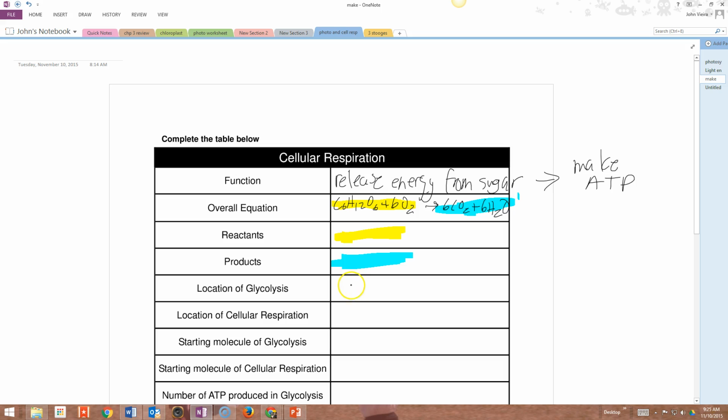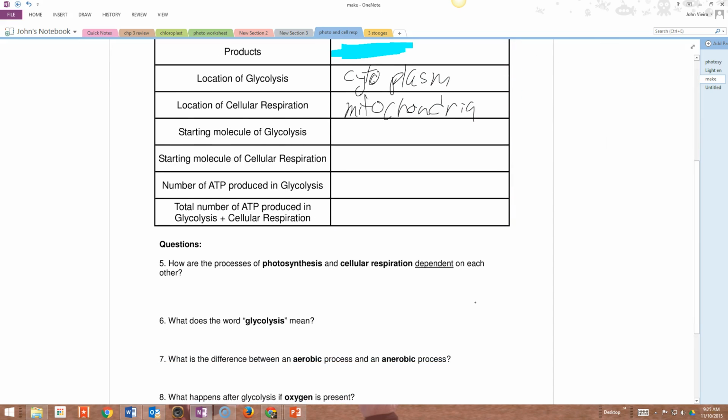Location of glycolysis. Location of cellular respiration: the mitochondria. Starting molecule of glycolysis, class? What do we start with? Glucose. Because it's called sugar. Starting molecule for cellular respiration.